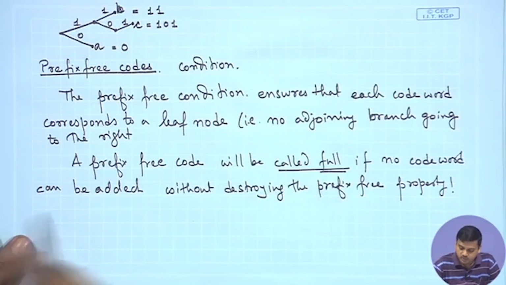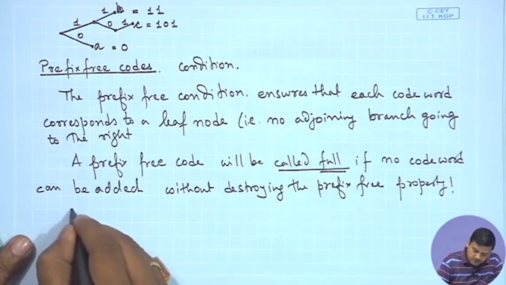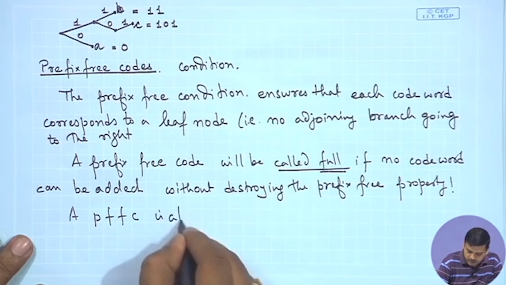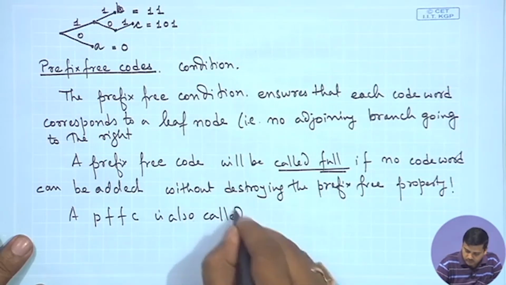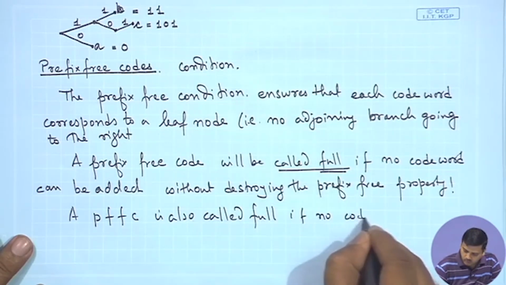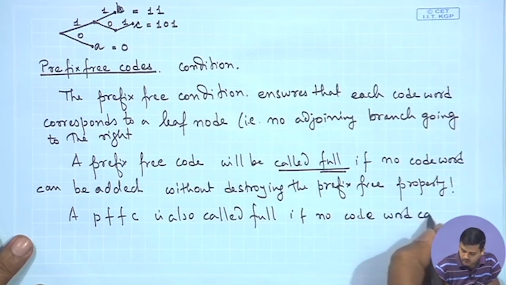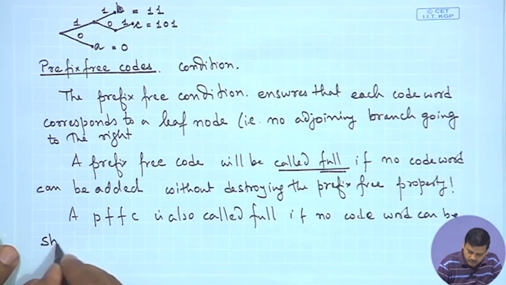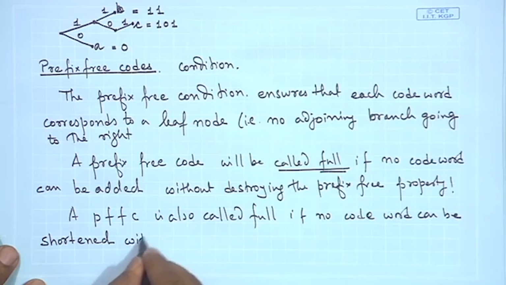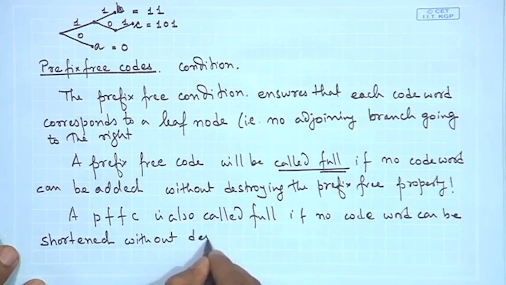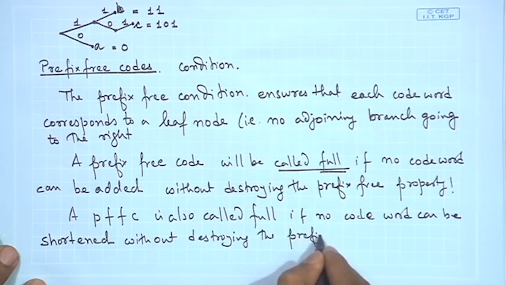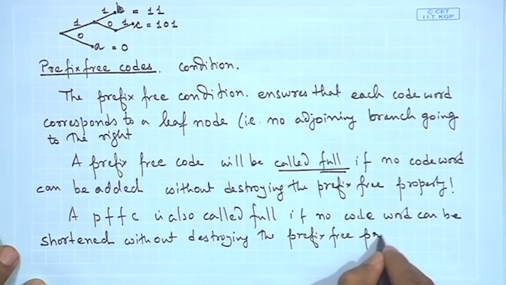We will see something more, and I will write in short: a prefix free code is also called full if no code word can be shortened without destroying the prefix free property.